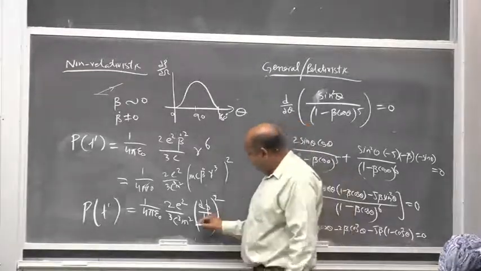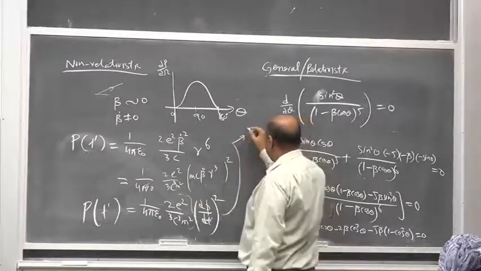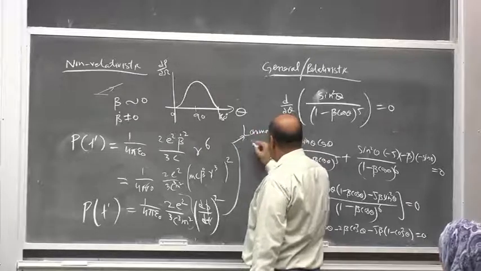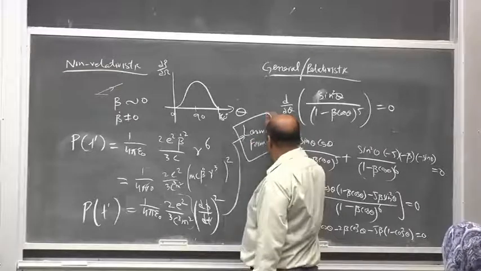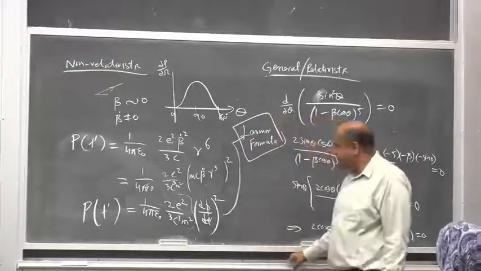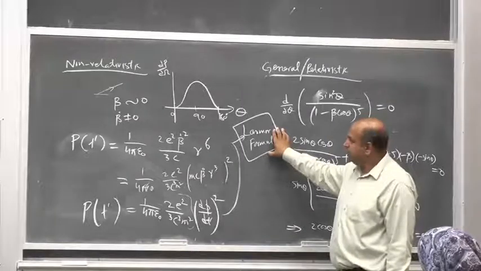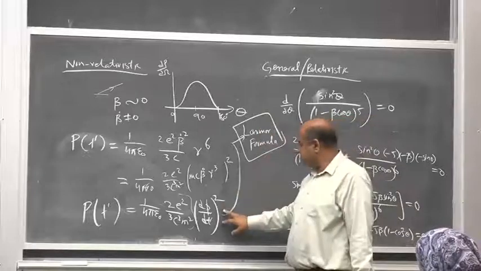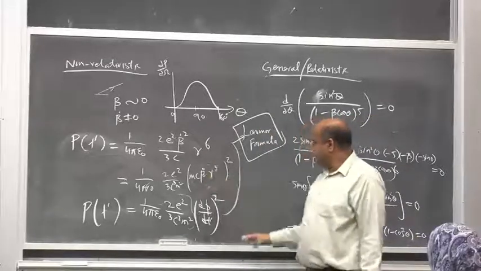By the way, this term is called one case of the Larmor formula for radiation from a charged particle. Larmor's general formula is for general charges, but for a linearly accelerating charge it reduces to this form, or actually this form, without dt by dt.